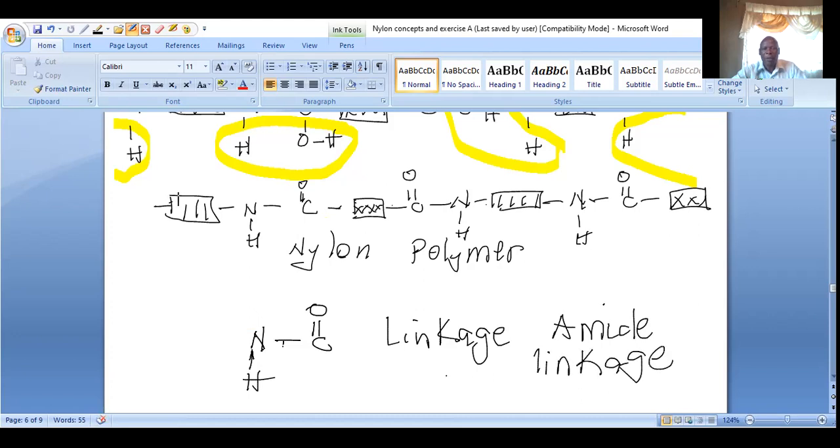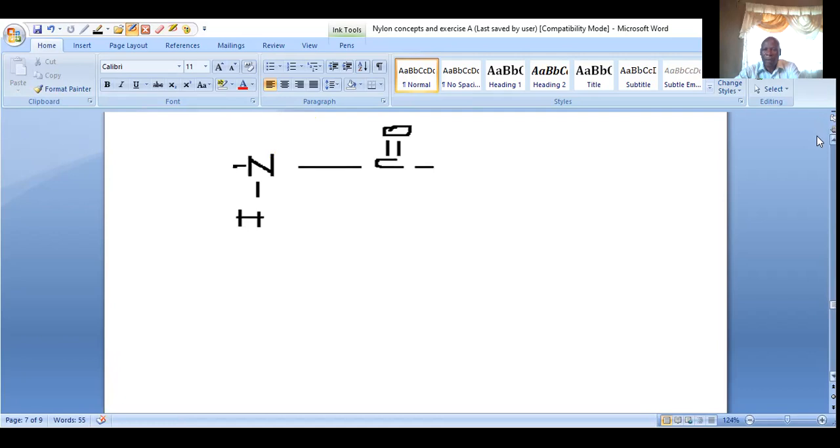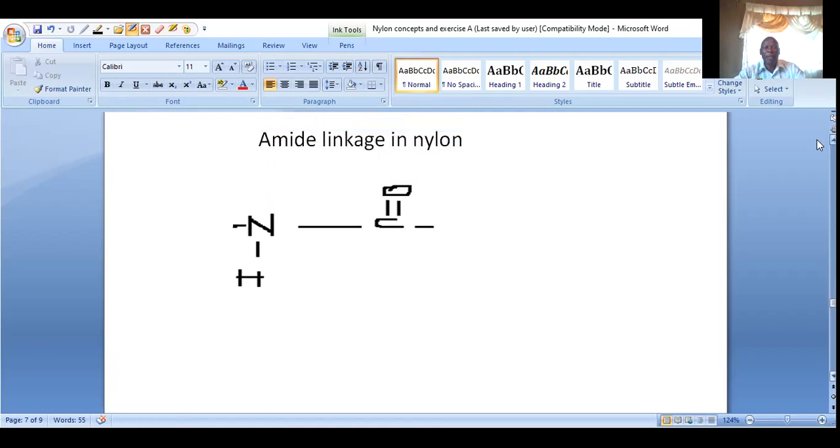And therefore, nylon is known as a polyamide. Polyamide because it has several linkages, as you can see here. We have this linkage here, the second one, and the third one. So this is typically how nylon is formed from these monomers. As I explained, the amide linkage typical for nylon is this one here.